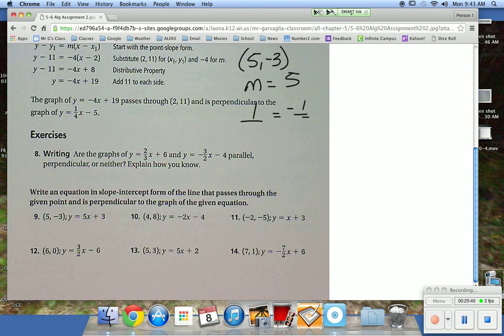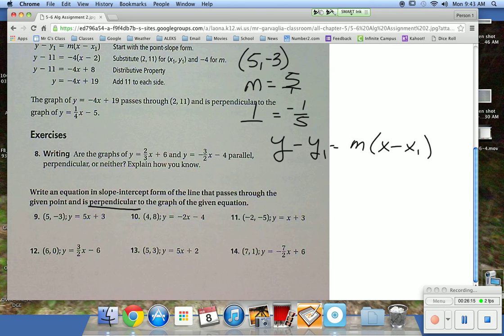Negative 1 over 5. So that's the slope that I have to use for this. My slope is 5, or 5 over 1. I flip it and make it negative, and that's my perpendicular slope. Y minus y1 equals m times x minus x1.